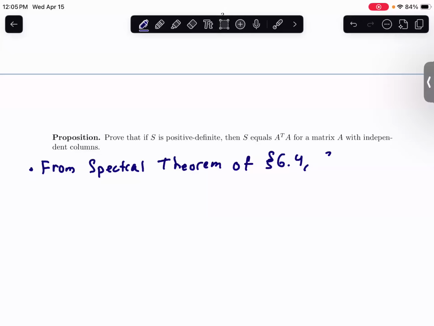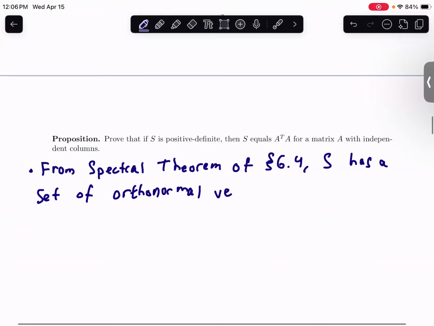So this implies that S has a set of orthonormal eigenvectors that you can use to diagonalize S with.